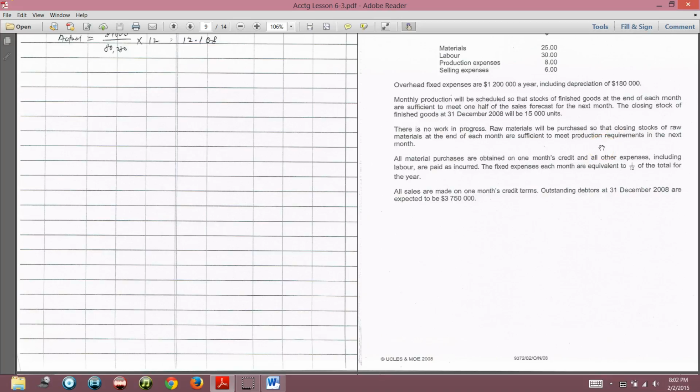So that means now we assume January. In January we must purchase enough for February production. But January purchase will only be paid in February.